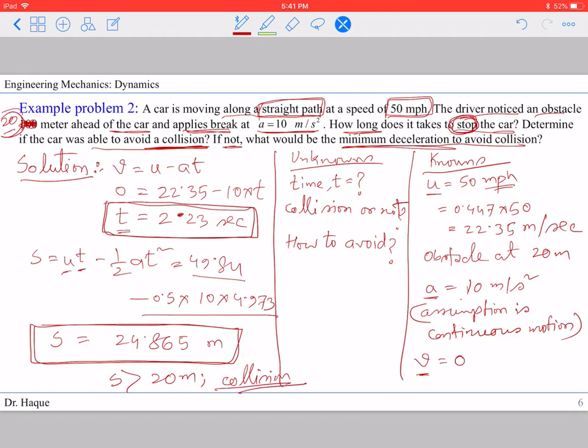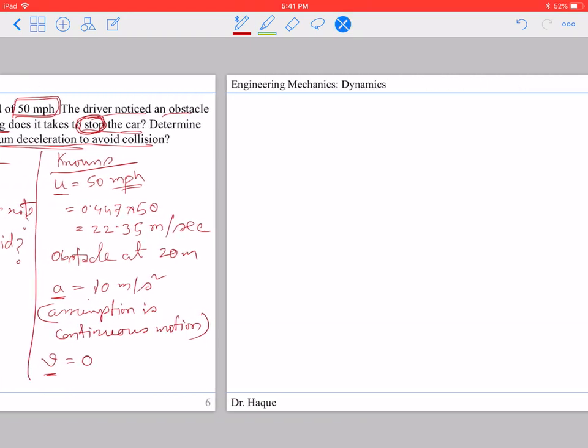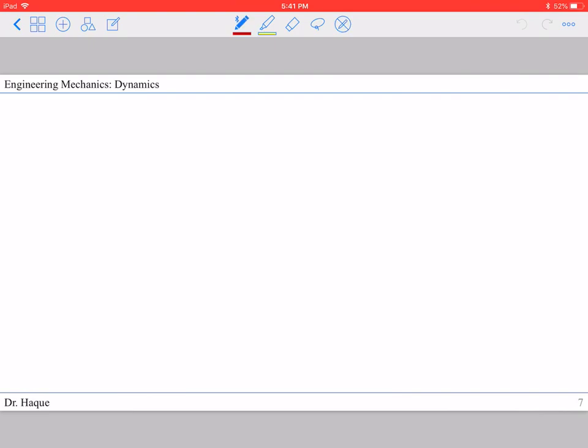One way is that if we could brake at a higher acceleration rate, we could make the car stop earlier. So that's what we will be looking for. To find that, we'll be using the other velocity formula, which is v squared equals u squared minus 2as.